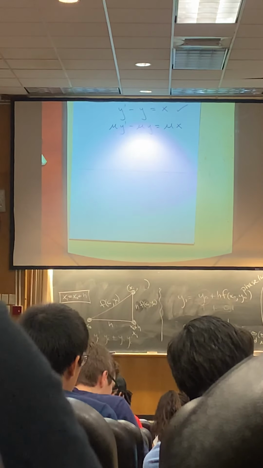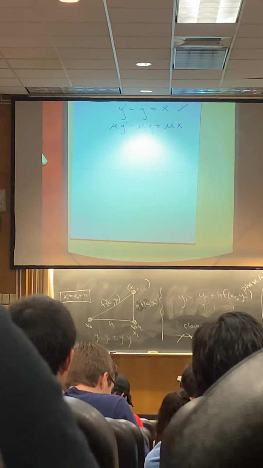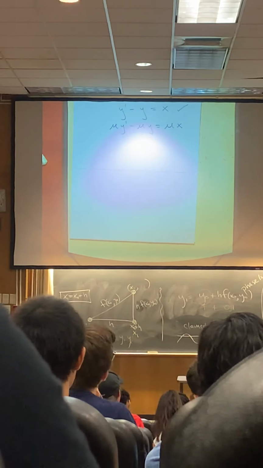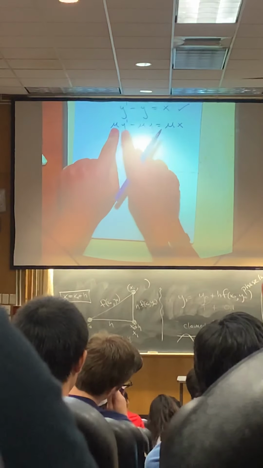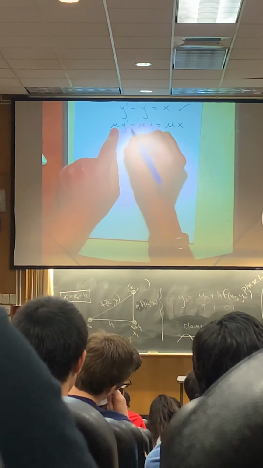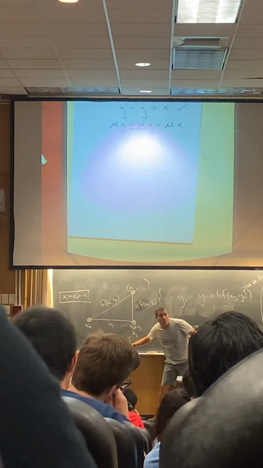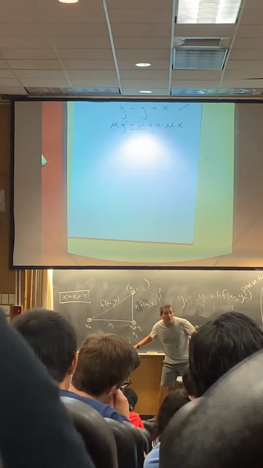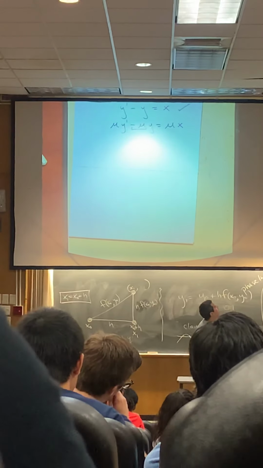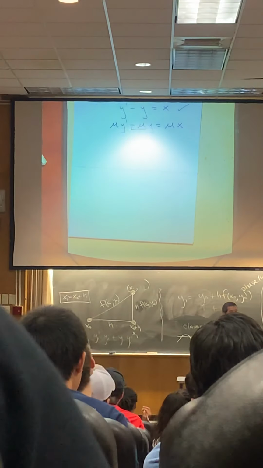Okay, so that's it. Can you see what I did? I multiply by the mu across the board. I multiply by the mu across the board. And then of course, that is the mu, that is the y prime. So all of these creatures better play the role of mu prime.